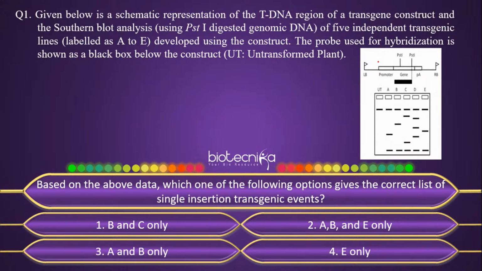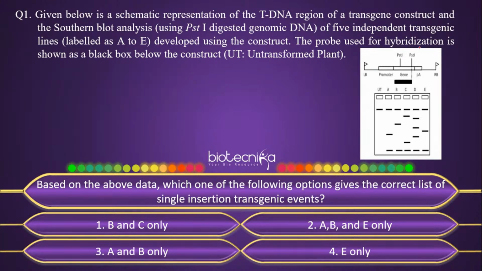So question 1 is: given below is a schematic representation of the T-DNA region of a transgene construct and the Southern blot analysis using PstI digested genomic DNA of 5 independent transgenic lines labeled as A to E, developed using the construct.